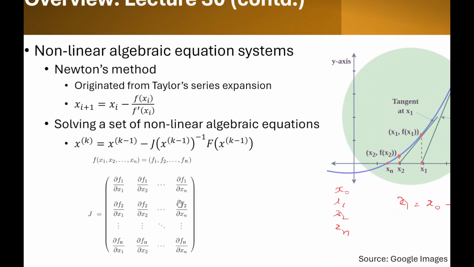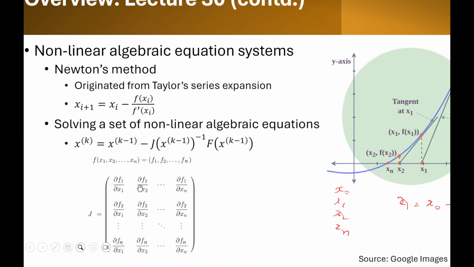Suppose these f1, f2, fn are functions of x1 to xn. So what will the Jacobian be? The first row is the differentiation of f1. Each element is the differentiation of f1 with each of these variables.